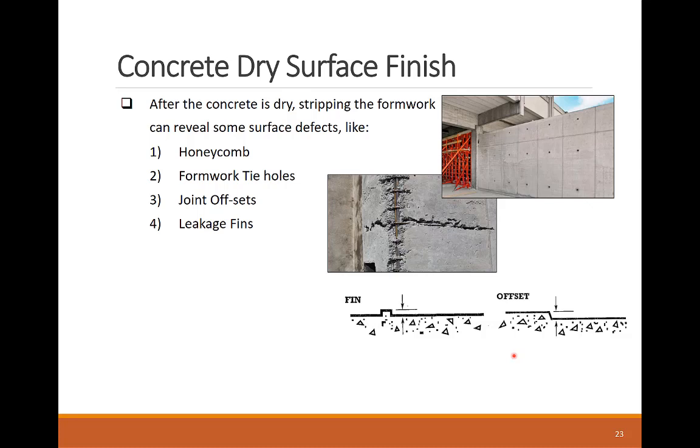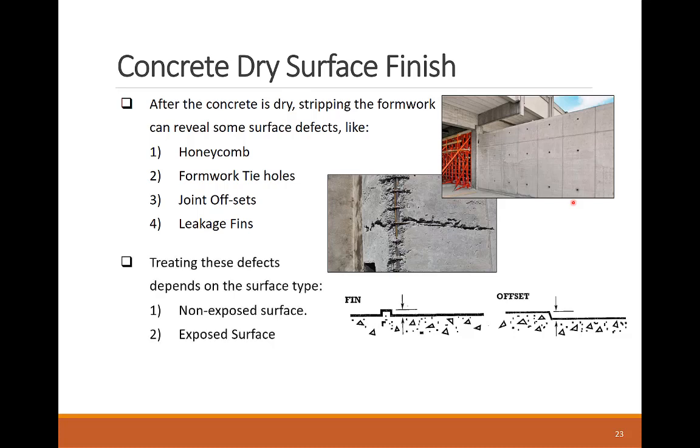Concrete dry surfaces are subject to all kinds of defects that can come from poor concrete consolidation, like honeycombs, poor formwork alignment, like the joint offsets or fins, or intentional holes from formwork ties. The treatment of these defects depends on if the surface is exposed or not and visible to the eye after the structure is completed. They are treated by grinding the fins or grouting the holes and voids.